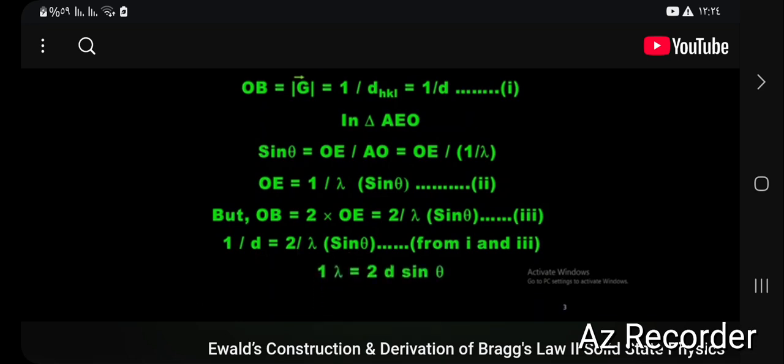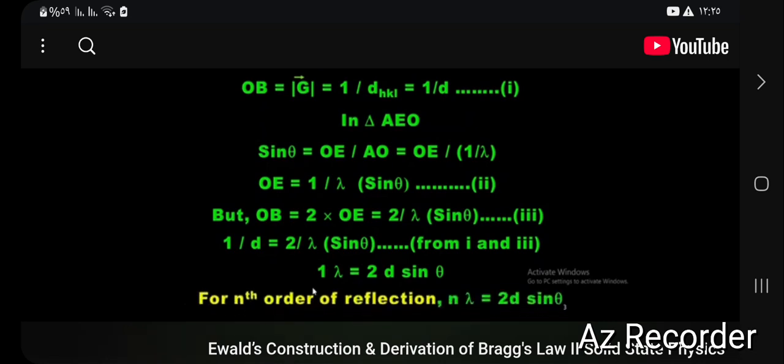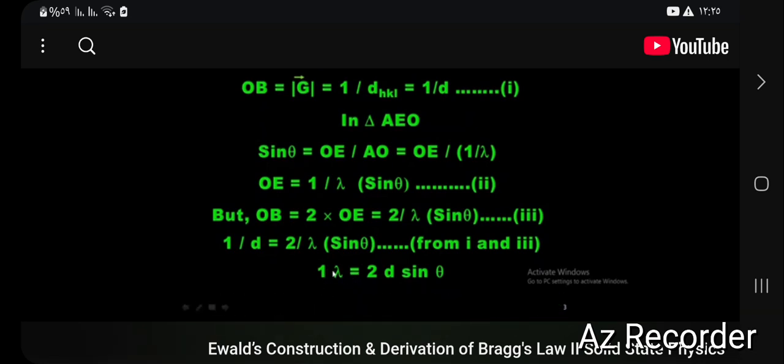If I cross multiply that, D would be on that side and lambda on the other side, so lambda is equal to 2D sine theta. This is for first order reflection, that is n equal to 1.